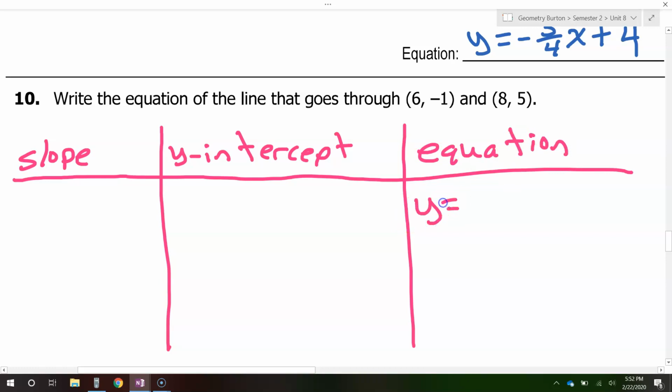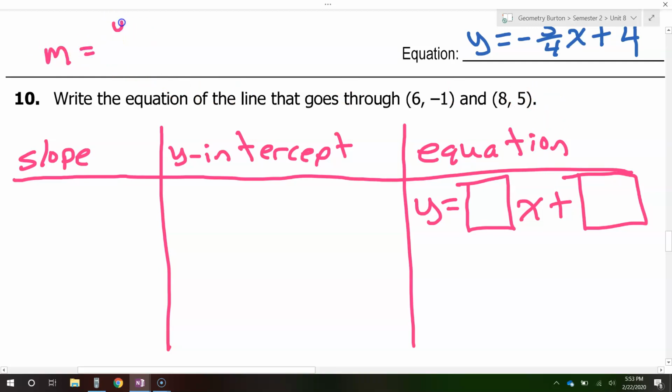Okay, and the equation always works like this. y equals mx plus b, where we're just trying to fill in the m and the b. Starting with the slope.